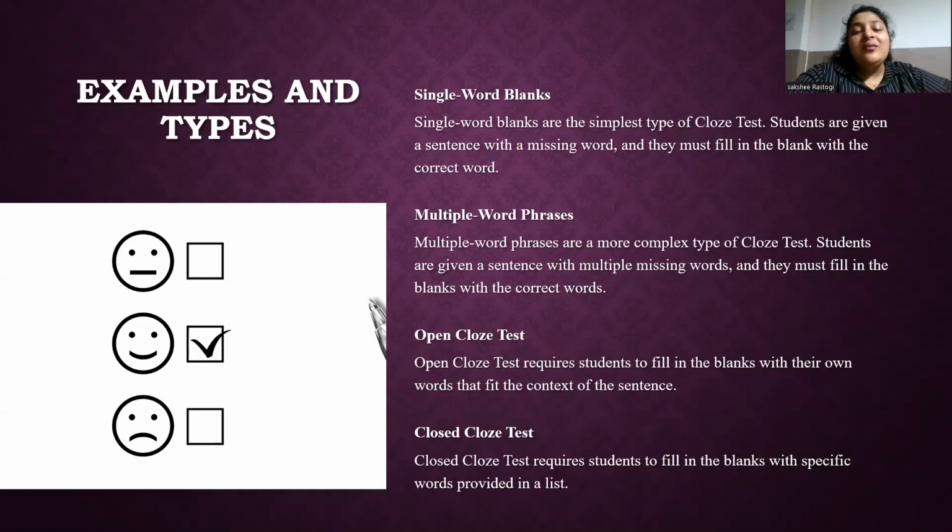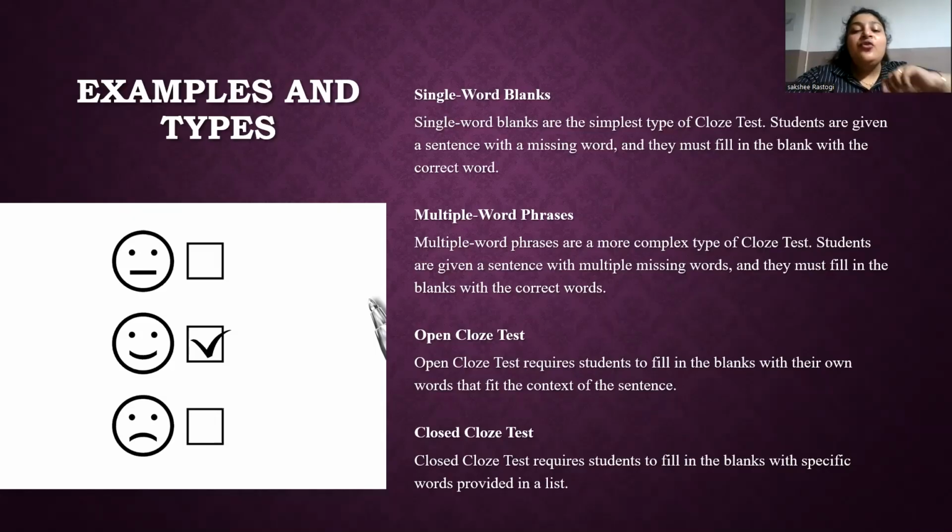So in this, what is the meaning of single word blanks? Single word blanks refer to types of cloze tests where each blank space in a passage or sentence requires only one word to complete it. The blank is typically marked with a blank line or a series of underscores.